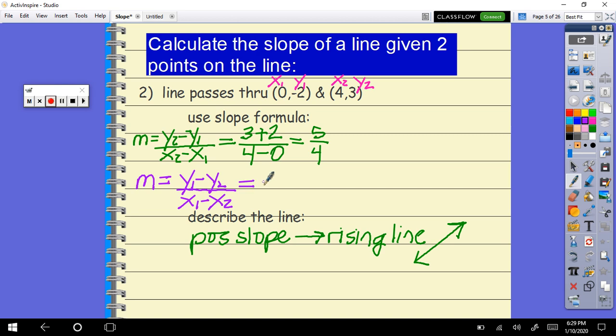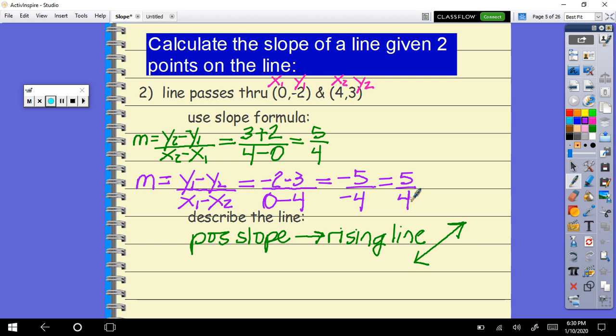So here, if I did y1 minus y2 over x1 minus x2, I wind up with a negative 5 over a negative 4, and that gives me 5/4.